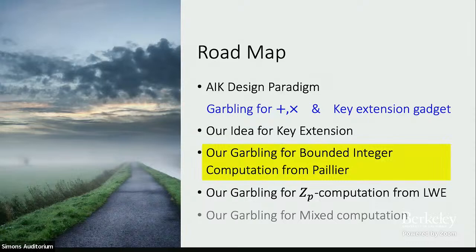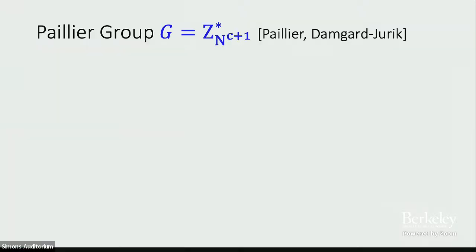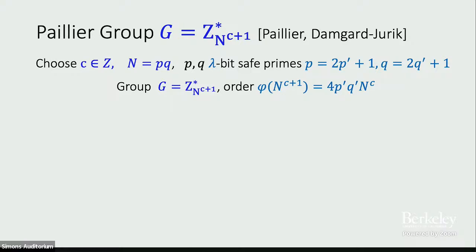All right, so let me now give you a taste of what happens when the message and the key space do not agree with my computation. For that, we really don't have generic solutions. We have to look at the specific linear homomorphic encryption scheme we are using and come up with a solution.